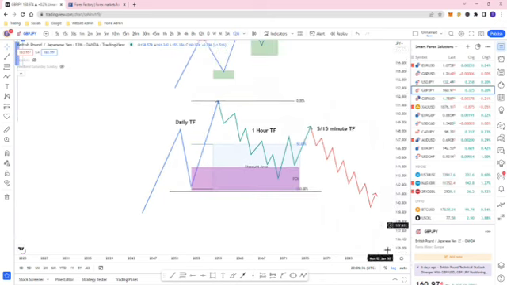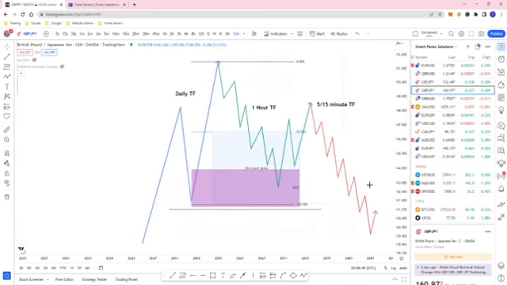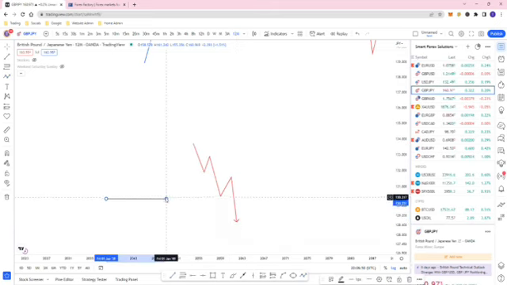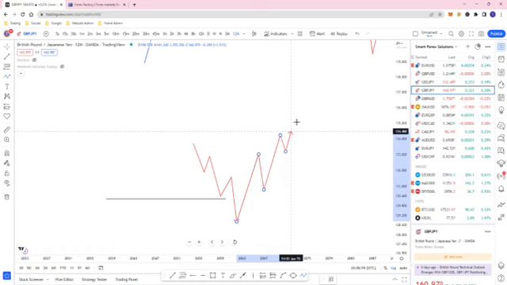For example, if I just make that bigger there. On a smaller time frame, when price is bearish and it breaks below the low that exists over here, you can anticipate price needing to, at some point, accumulate to push higher.